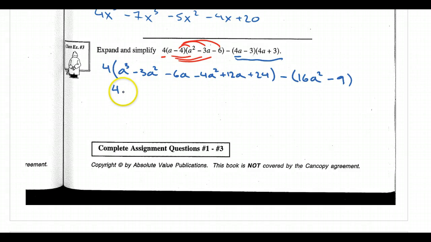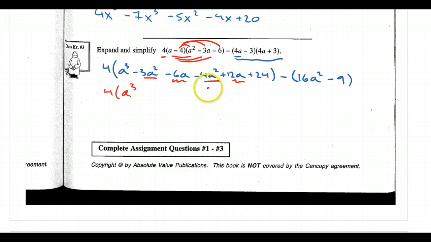Actually, before I do that, I might simplify in the bracket here. So I have a squareds, and a squareds here, and a's here. So that's going to be 4a cubed.